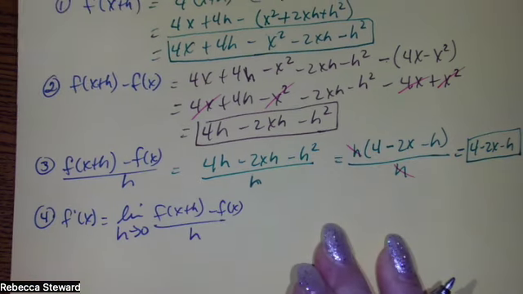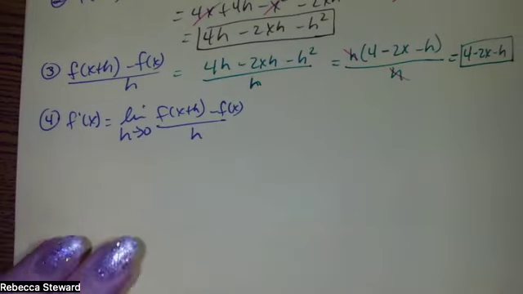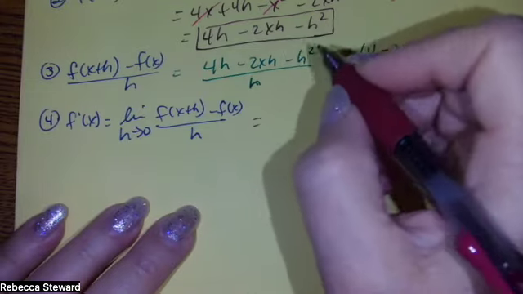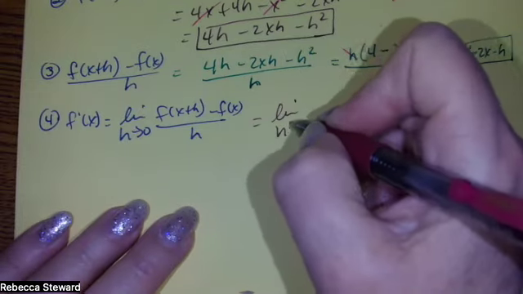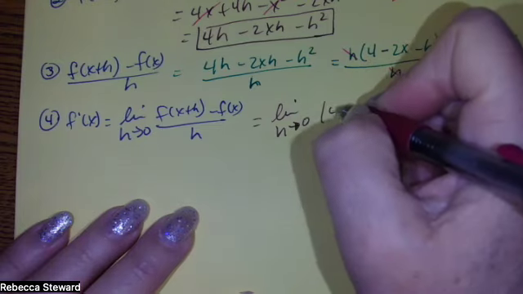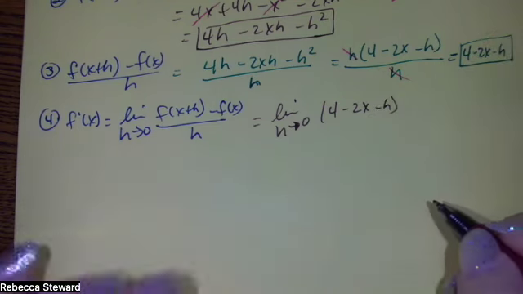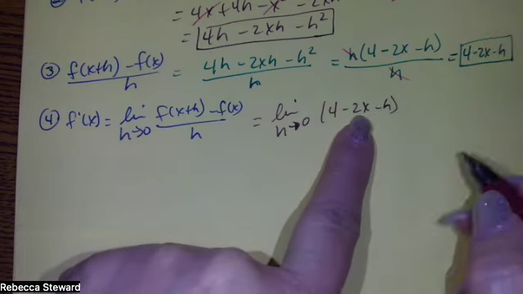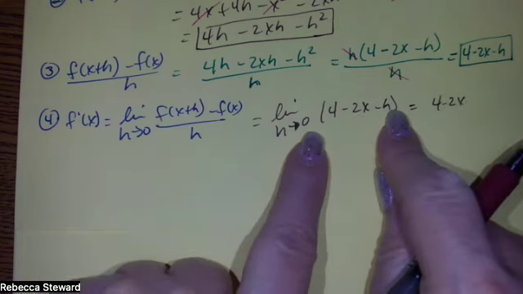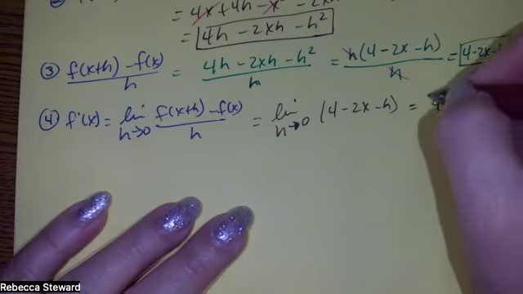So this will be equal to the limit as h is approaching 0 of 4 minus 2x minus h. So again, no h, no h, so those will stick. So that'll be 4 minus 2x, and as that h approaches 0, it's going to get really small. And so that will be our final answer.